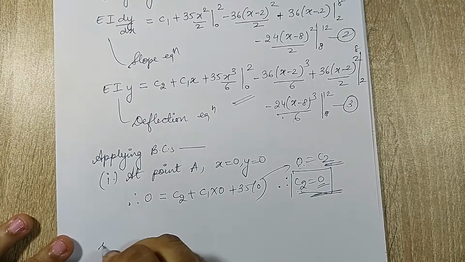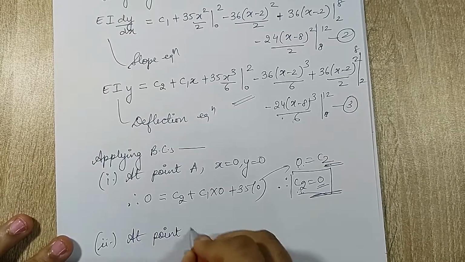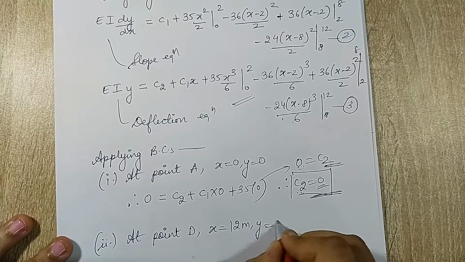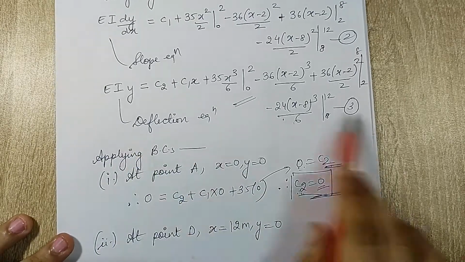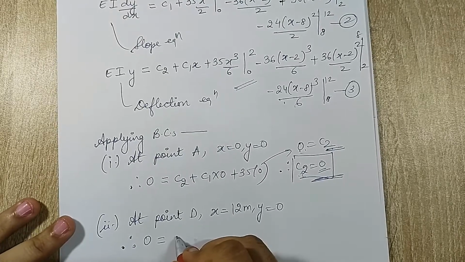Now next I am going to write the second boundary condition. At point D, x is 12 meter, y is 0. So here when I substitute, I am going to write the entire equation obviously. So I will have 0 is equal to C2, which is 0.